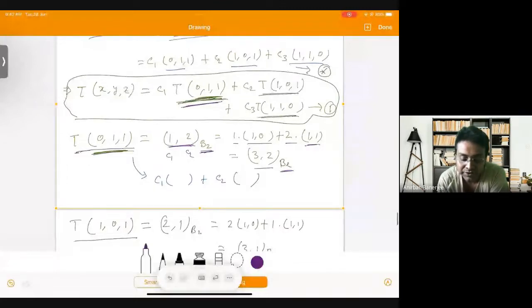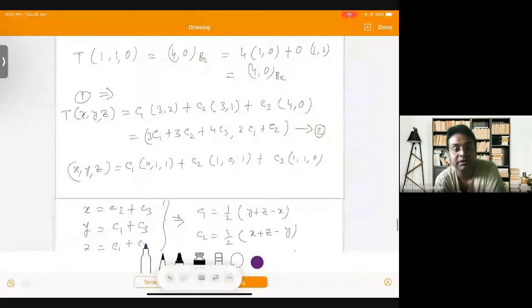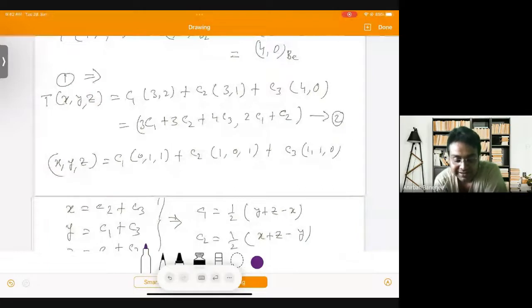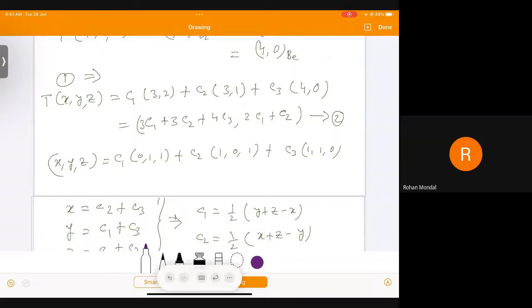When we use it in equation 1, the right hand side will only consist of these coordinates c1, c2 and c3.